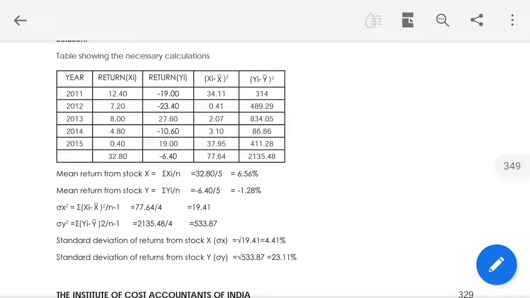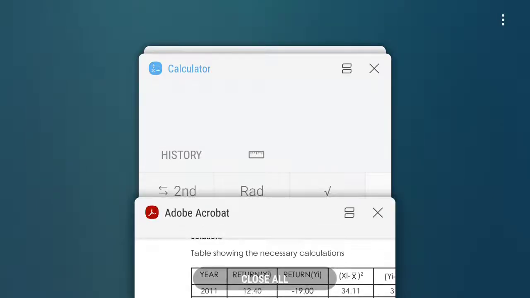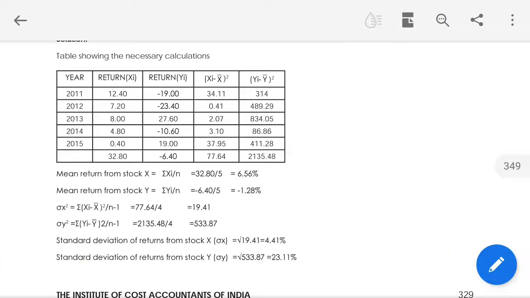And when it comes to Y, here we can see minus value of 19. Minus 19 minus... Here we are not just looking at 2 minuses, we are looking at 3 minuses. Minus into minus becomes plus, but here 3 minuses are there. Let us see how much the value comes to in the calculator.